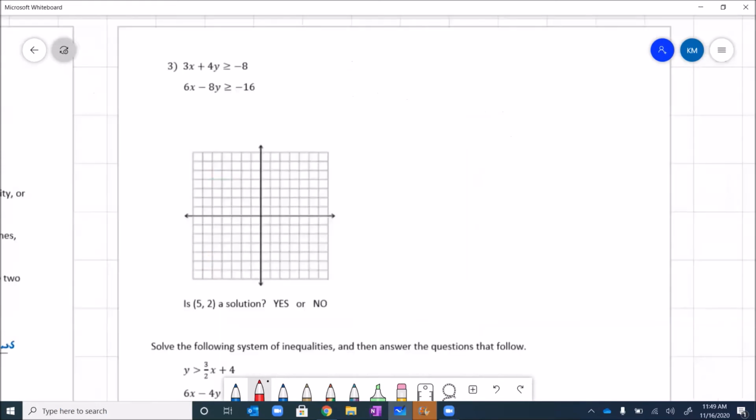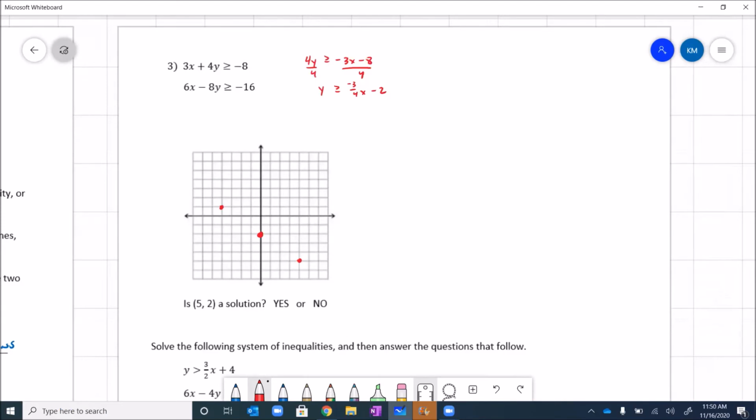All right, so here they're giving us a problem. 3x plus 4y is greater than or equal to -8. I'm going to solve for y, get it in slope-intercept form. So y is greater than or equal to -3/4 x minus 2. Y-intercept is -2. Down 3 over 4, up 3 over 4.